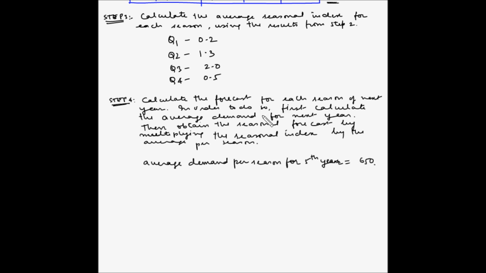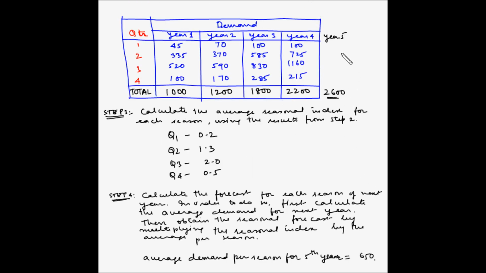Okay. Now next we have to obtain the seasonal forecast by multiplying the seasonal index by the average per season. So now we want to add the effect of seasonality for each of these quarters.